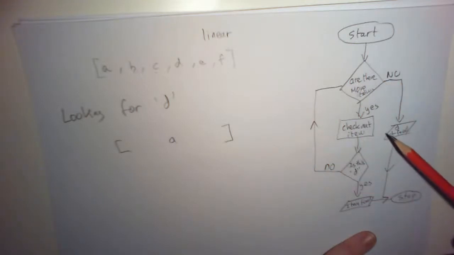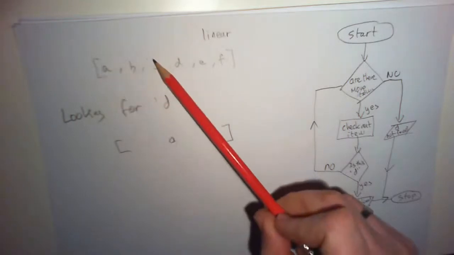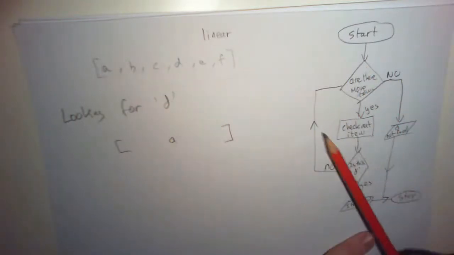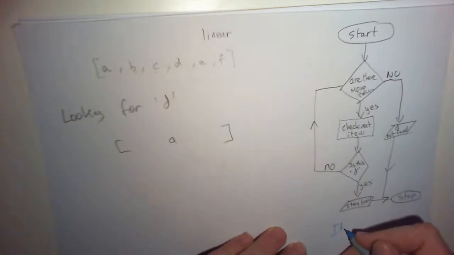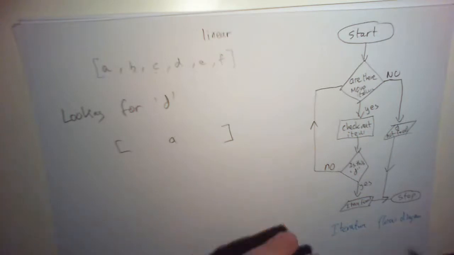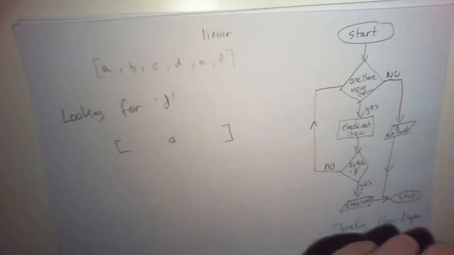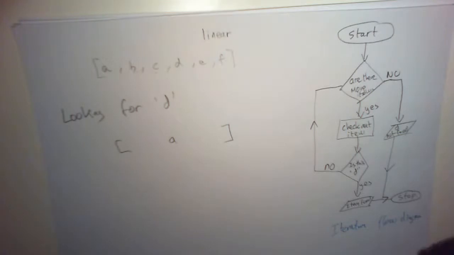Else, move the index one and check again, and it'll just keep moving and checking again and again and again. Okay, so this is called an iteration flow diagram.